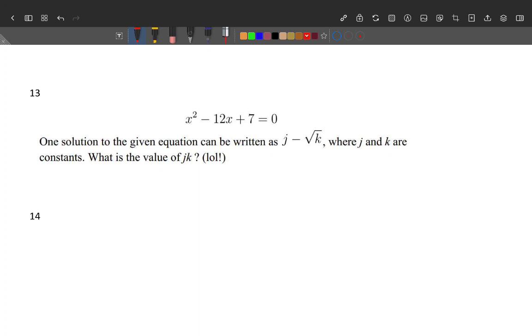One solution to the given equation can be written like this. Okay, we find it by quadratic formula. We have x1.